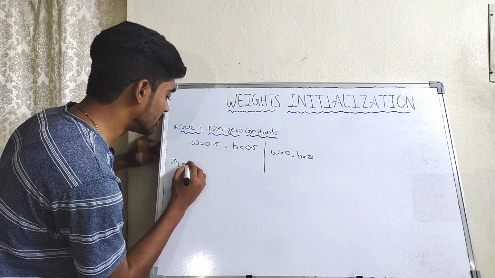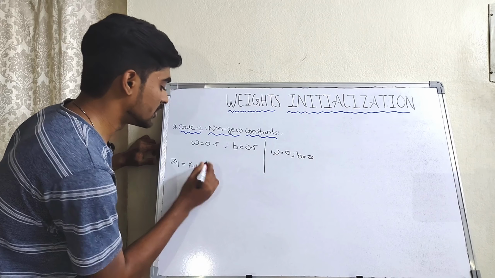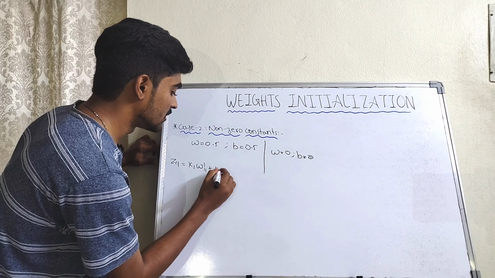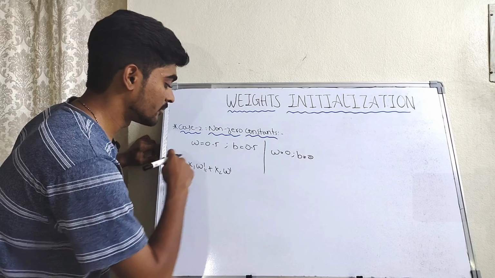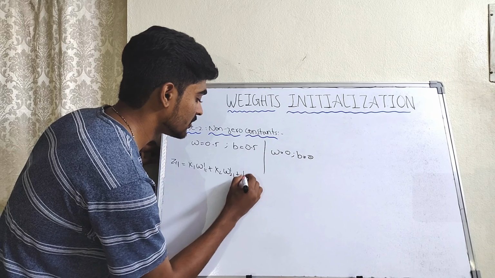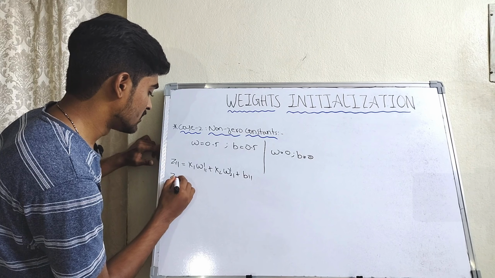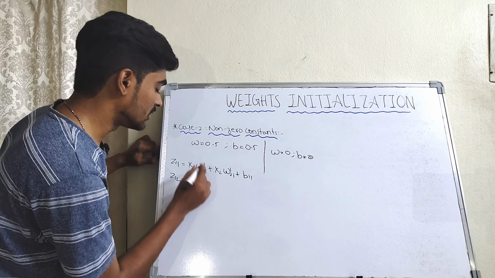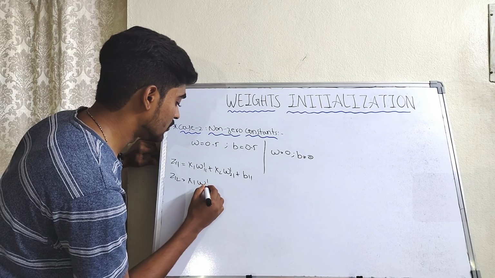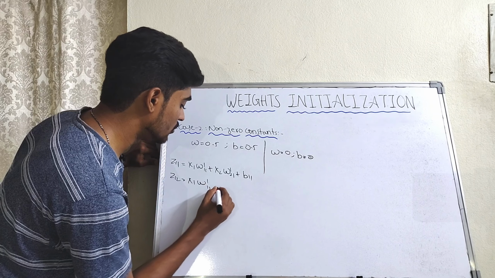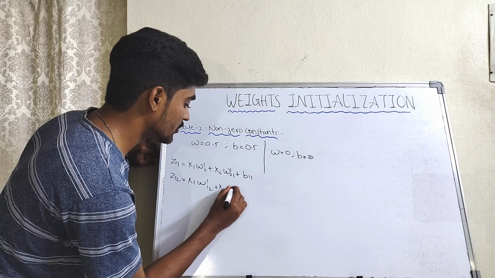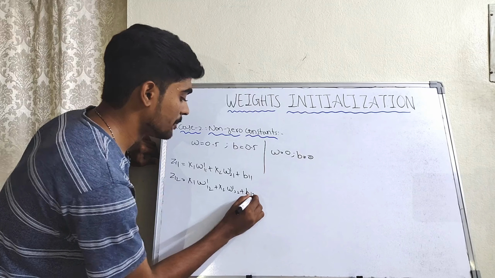z11 is equal to x1 w111 plus x2 w121 plus b11. z12 is equal to x1 w112 plus x2 w122 plus b12.